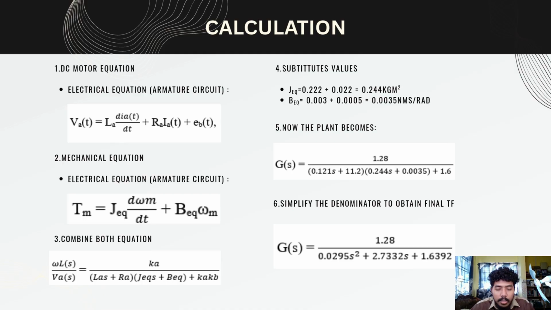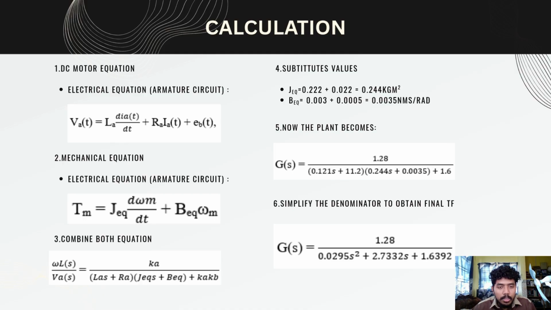Once we combine both into a single transfer function, we then substitute the values. Jeq is equal to 0.222 plus 0.022, equal to 0.244 kg meter square. And then we have Beq, which is equal to 0.003 plus 0.0005, and we get the value 0.0035 Newton meter square per radian.